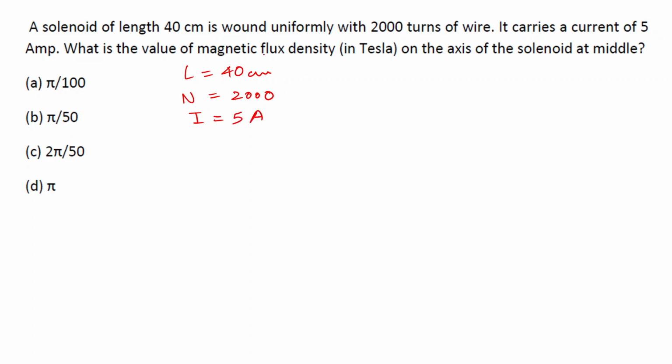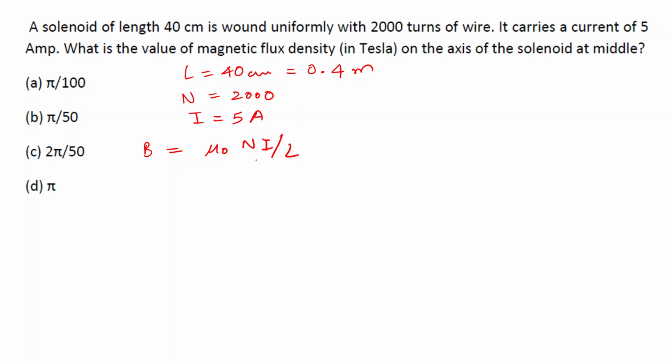Then what is the magnetic flux density on the axis of the solenoid at the middle? So everything is in SI unit, so let's convert this also into SI unit. This will become 0.4 meters. Now the expression for magnetic field due to a solenoid we know is mu naught N i by L, where N is the number of turns.